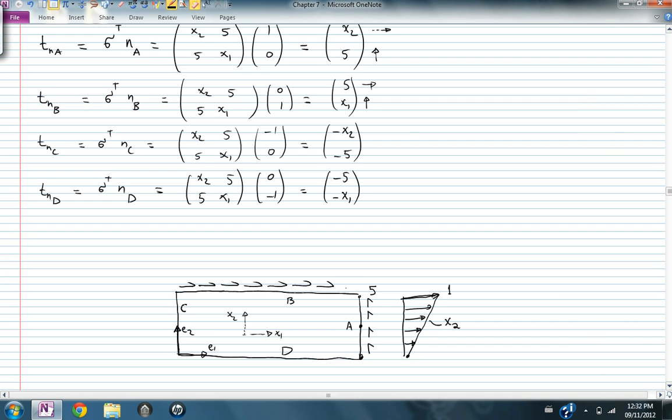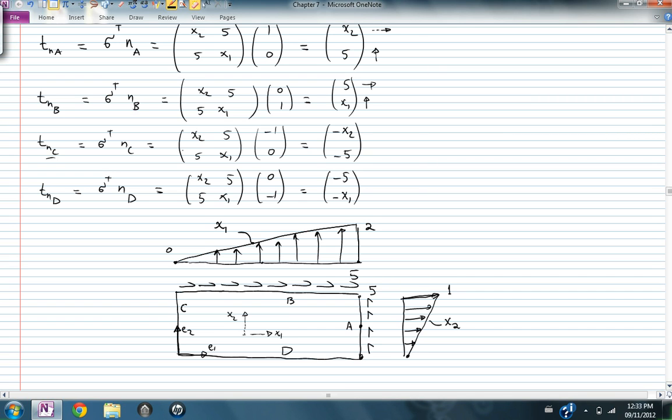So I have shear stress on this boundary that's equal to 5. And the vertical is equal to x1. Now x1 here is equal to 0. x1 here is equal to 1. x1 here is equal to 2. So it's a distribution that looks like this. And here the value is equal to 2, and the value here is equal to 0, and this is equal to x1.